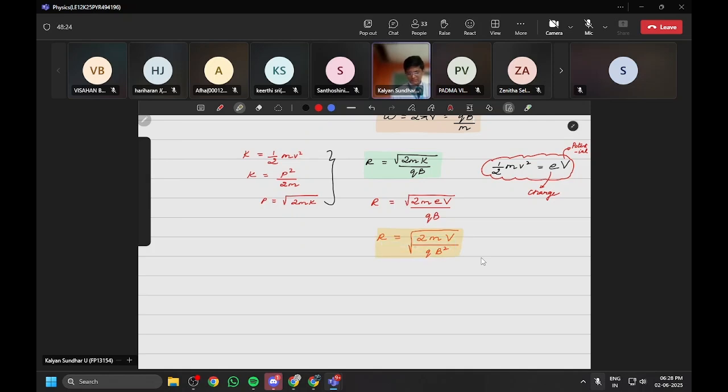So this will be the radius. This is the radius we have just written in the form of your potential, and the next one is in terms of your kinetic energy. Capital K denotes your kinetic energy, and V denotes your potential.